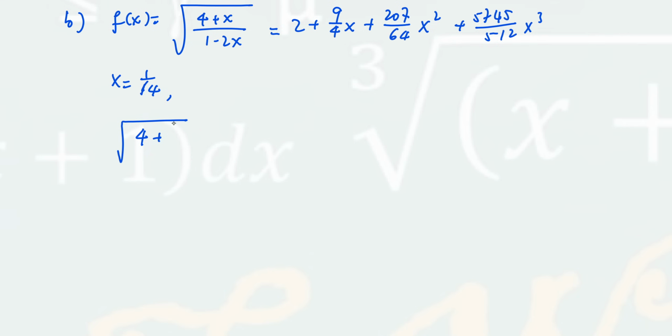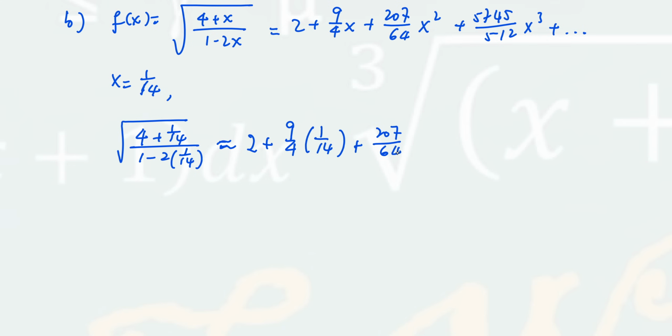So this is going to be 1 over 14 over 1 minus 2 times 1 over 14, equals to, or I will write approximate because this is not the full expansion. Approximate to 2 plus 9 over 4 times 1 over 14 plus 207 over 64 times 1 over 14 squared plus 2745 over 512 times 1 over 14 cubed.